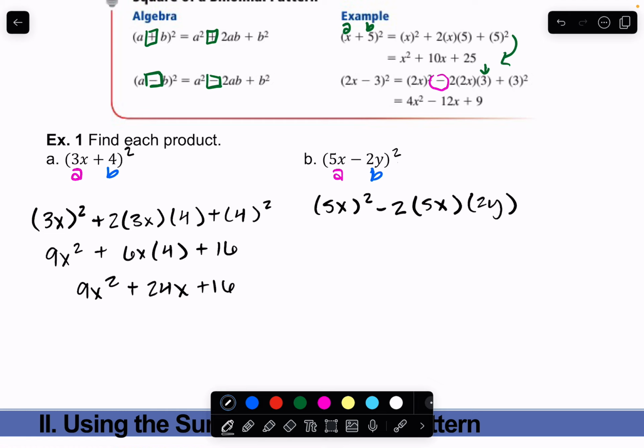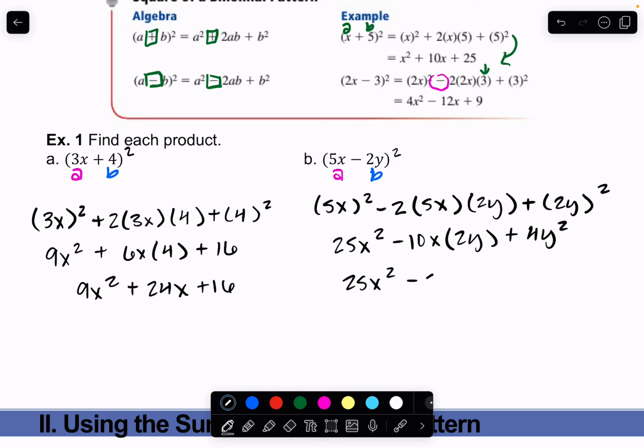We already took care of that negative sign, so we'll give it a positive 2y, plus 2y squared, b squared. 5x squared is 25x squared, minus 10x times 2y, plus 2y squared is 4y squared. We will have 25x squared minus 10x times 2y, which is negative 20xy, plus 4y squared.